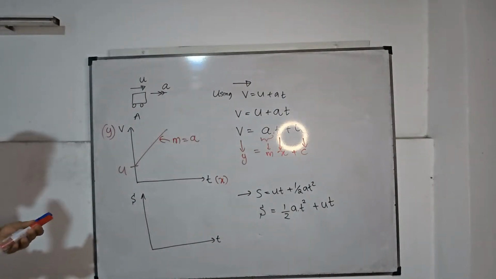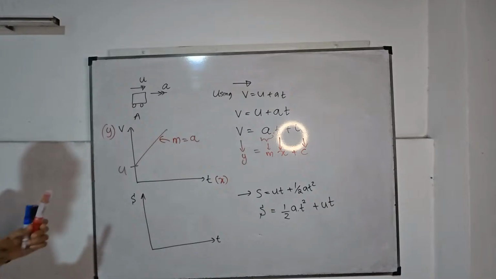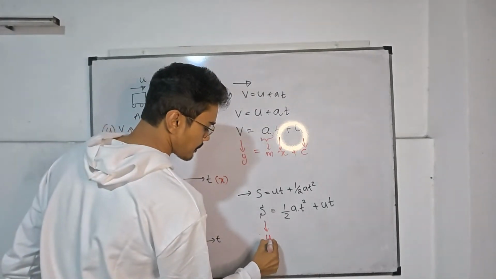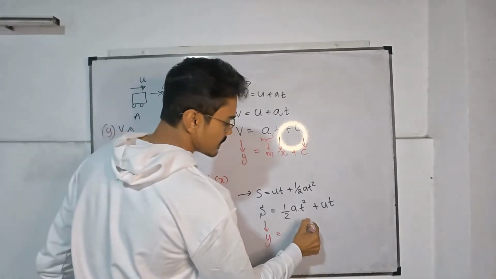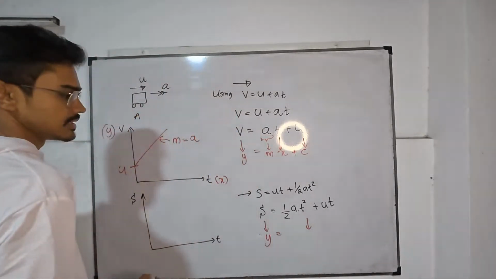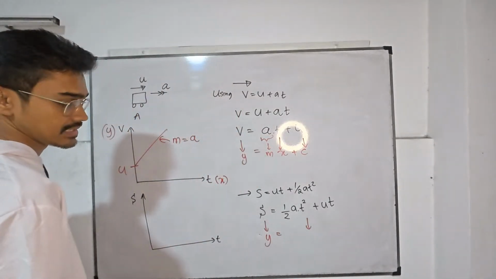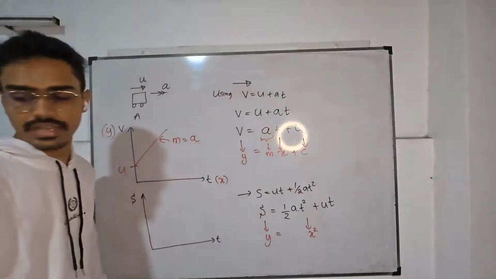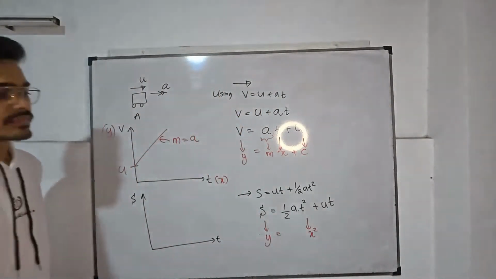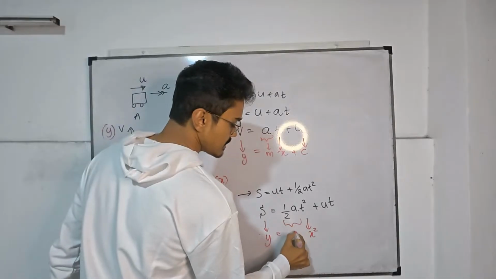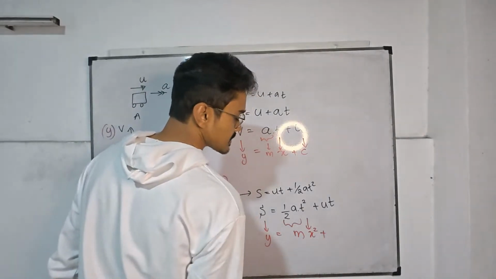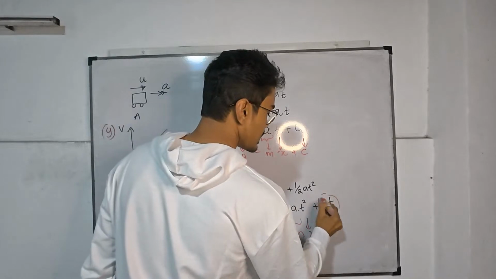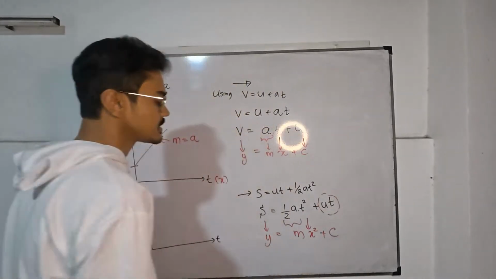Now identify these variables. S is y. T is x, so therefore this is x squared. This has to be the gradient, plus this part is going to be the intercept.